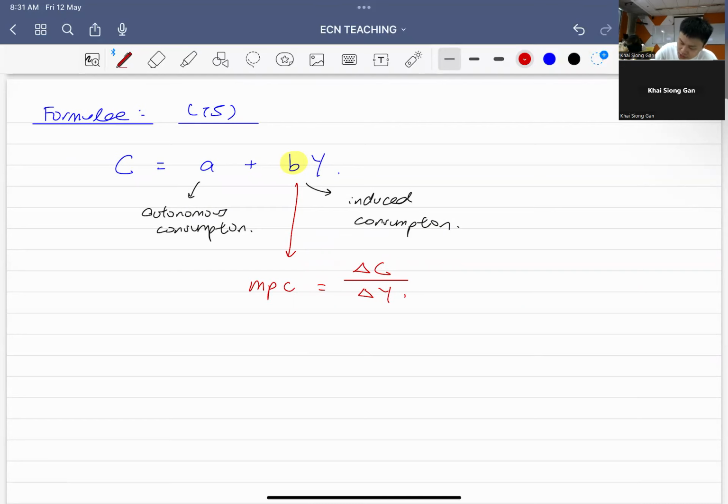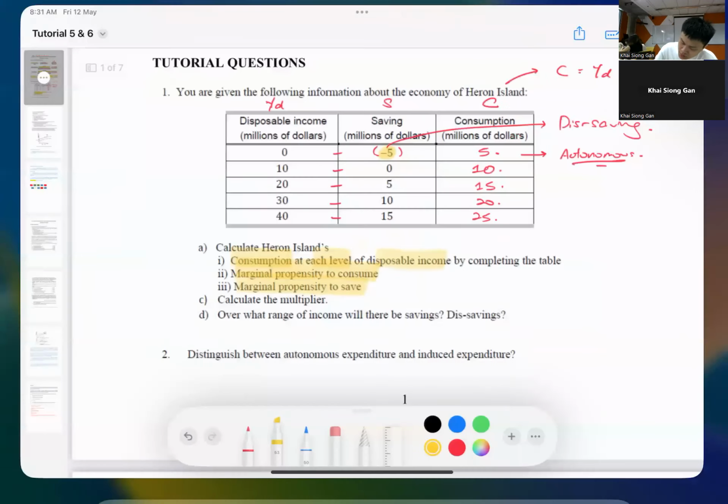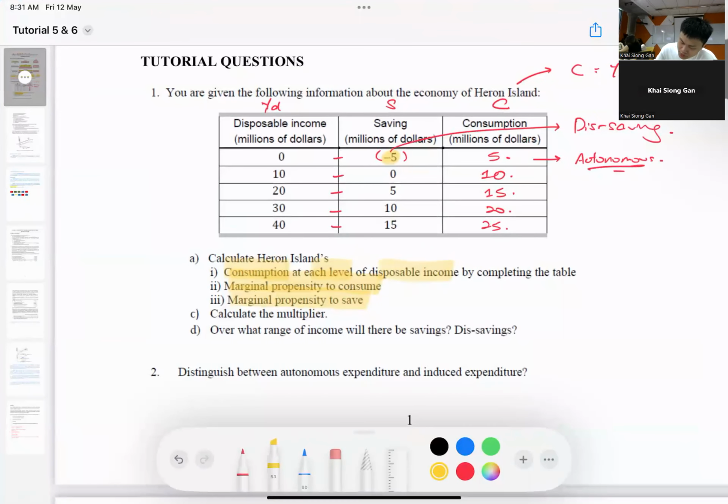So just now, question 1A number 2. Calculate the marginal propensity to consume. I can simply take any figures. Let's say the change in consumption is from 5 to 10, when the income is from 0 to 10.